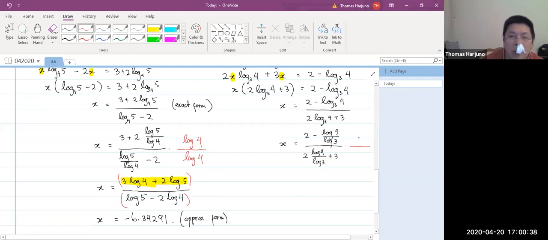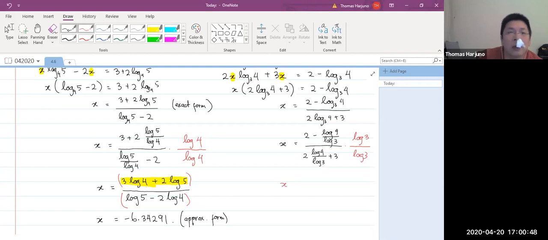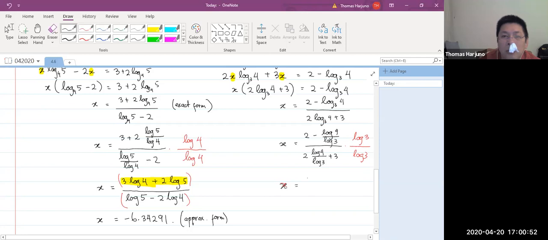I will multiply by the LCD, log 3. So now my x equals, this is still in exact form, by the way, 2 log 3 minus log 4 over 2 log 4 plus 3 log 3.